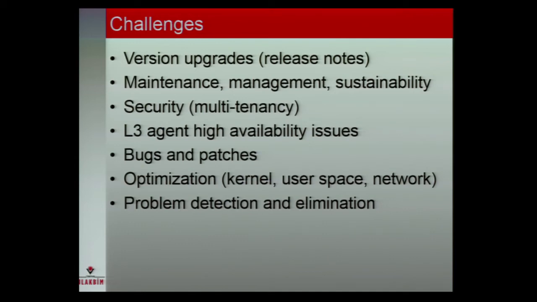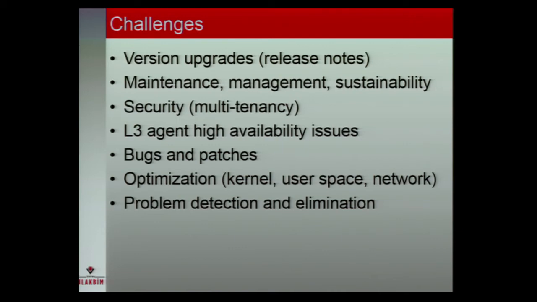And security, we have mentioned this before. Because of multi-tenancy, you can have some security problems. And layer 3 agent high availability is another challenge because OpenStack uses network namespaces, and it's hard to move virtual routers to another network node.